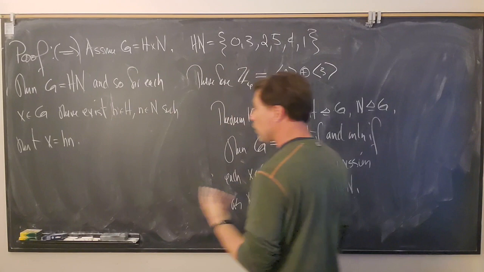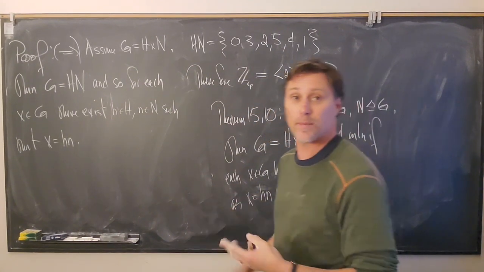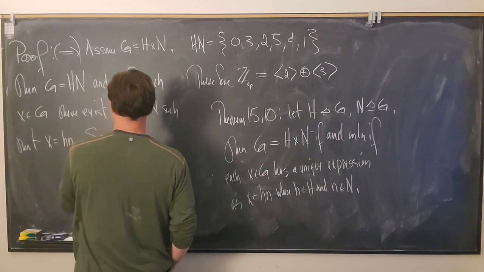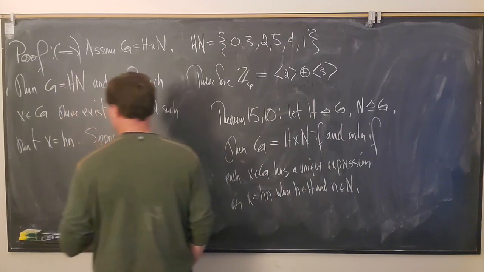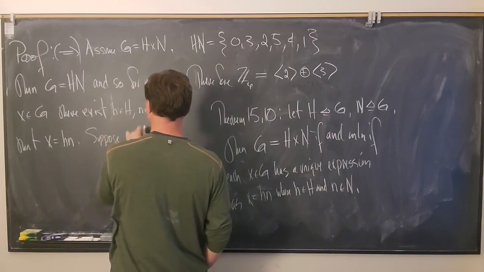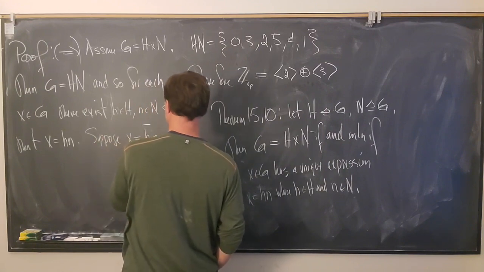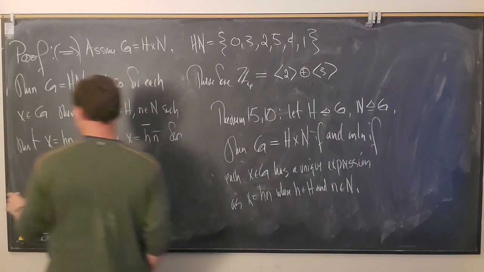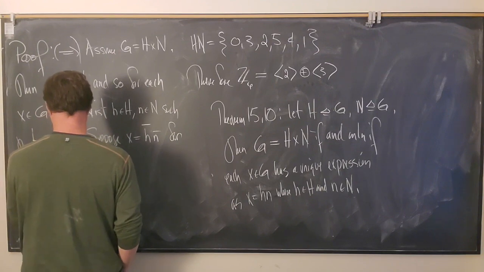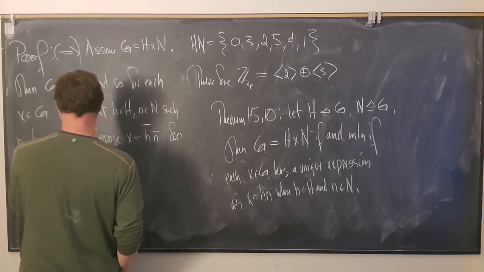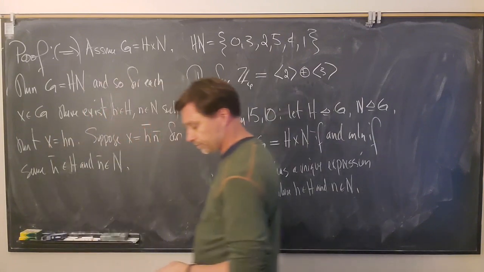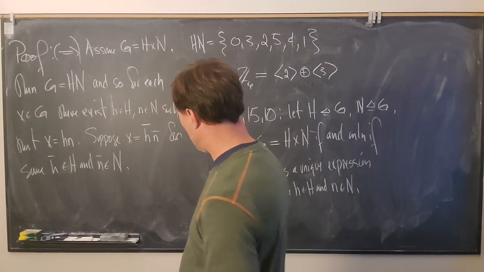And so we want to show uniqueness, so we're going to say, suppose we have some other expression. So suppose x is equal to, let's say, h bar times n bar for some h bar in capital H and n bar in capital N. All right, so what does that mean?